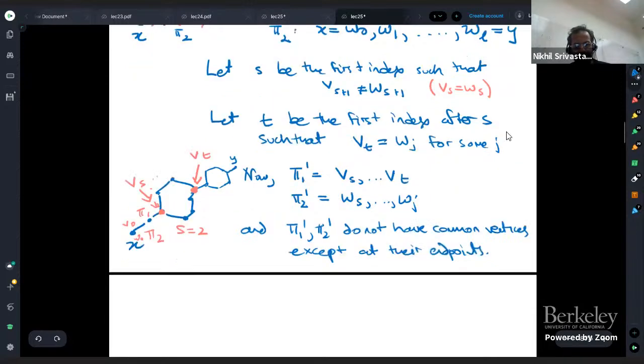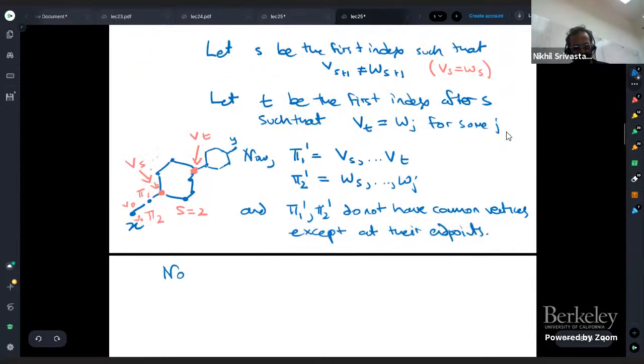And now I'm happy, right? Now, if you look at pi1 prime followed, I mean, okay, so let's just write it out. Vs going to Vt. Now this Vt is equal to Wj. And now you go backwards. Wj minus 1 all the way up to Ws is a simple cycle.